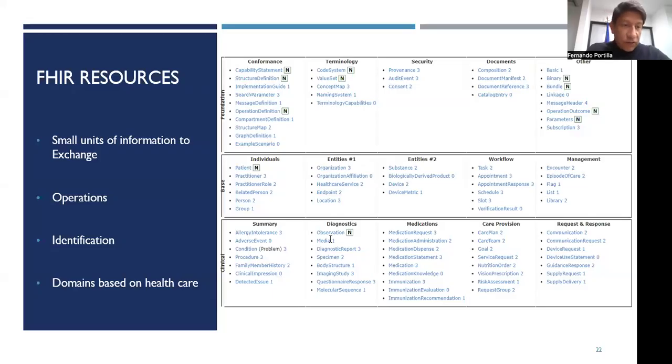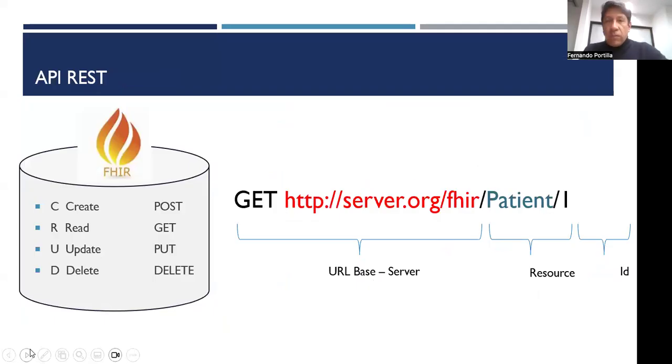Because having seen this, what FHIR has then is a definition of resources, parameters or resources. It has a server that works with the CRUD, with the API REST: create, post, read, get, update, put, and delete to a server URL, the resource information.